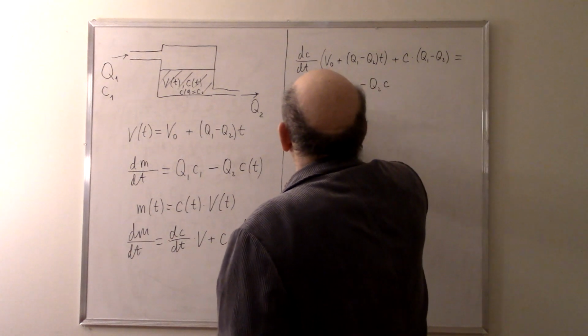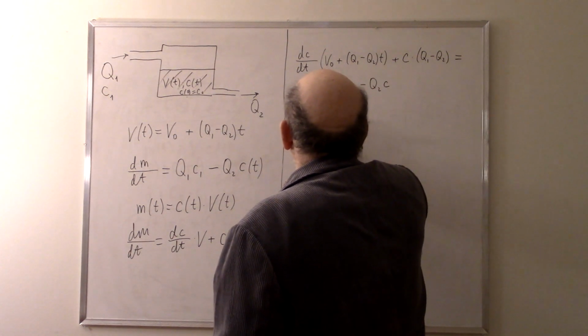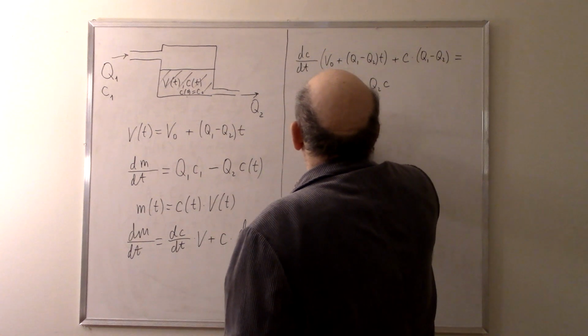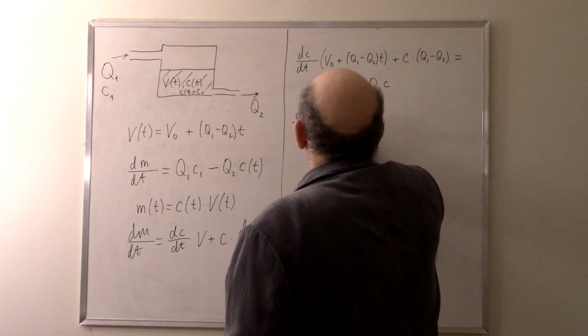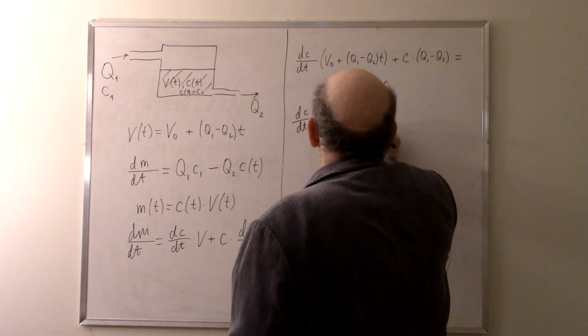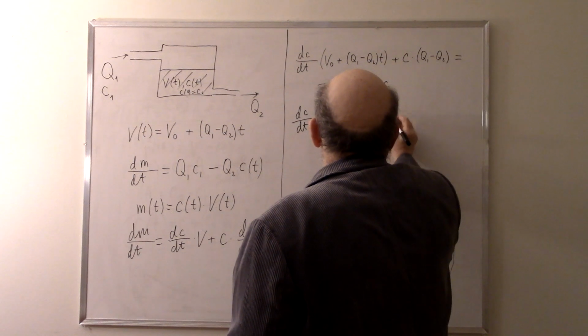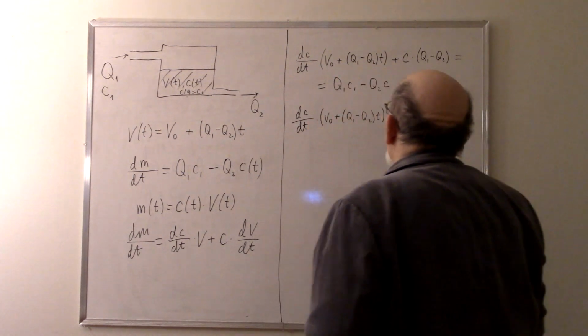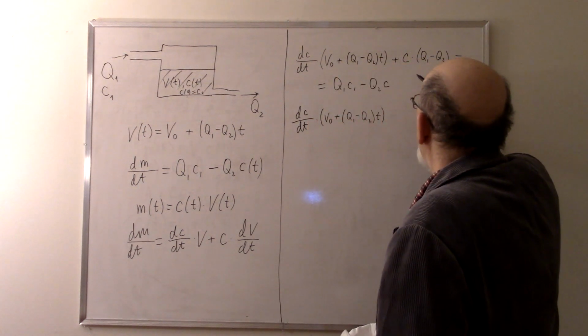So dC/dt times (V0 plus (Q1 minus Q2)t). Now what about C?